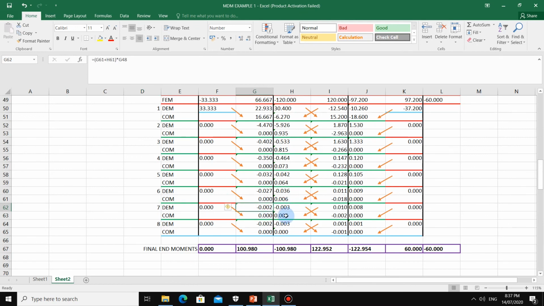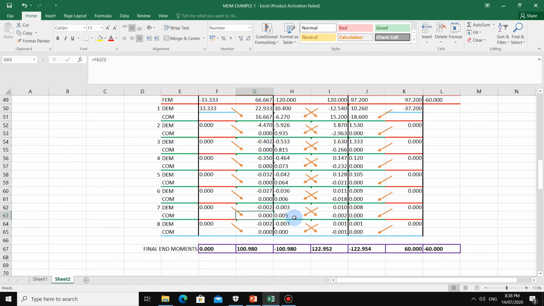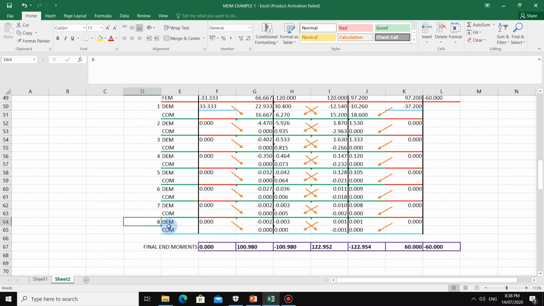So pag-kuha na nato ni dito sa 0.06 times sa DF, then carry over moments sa 0, then pasa na pod 0.05, then nabilin 0.005, then 0.002. Then maybe this will be our last cycle, so 8.